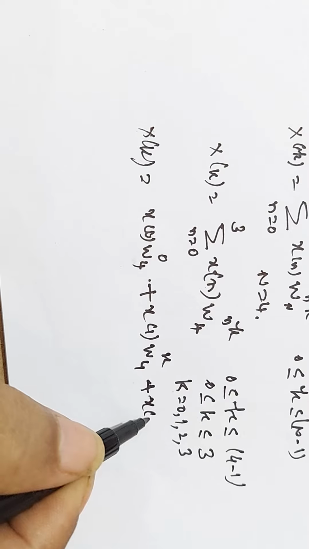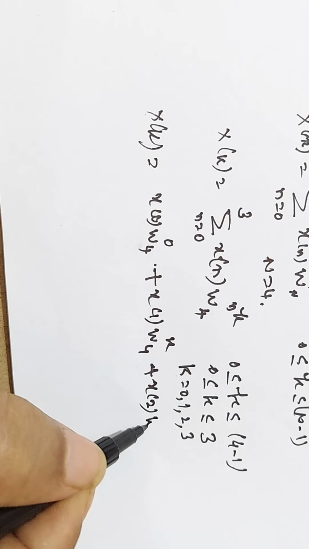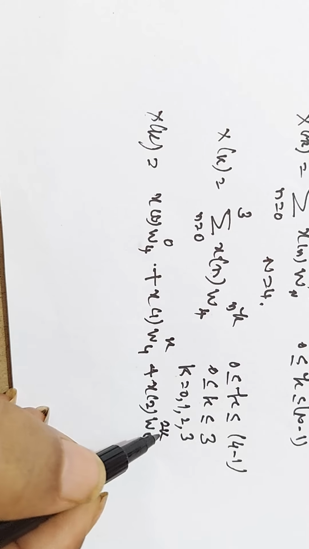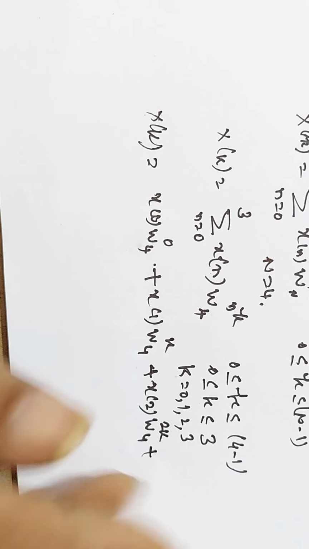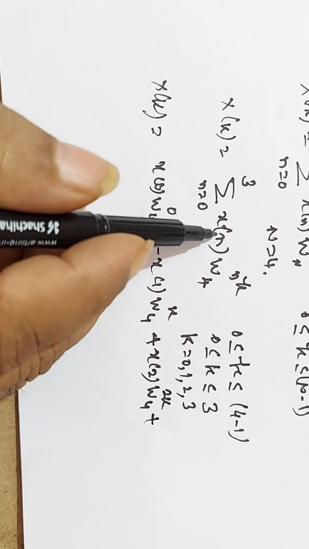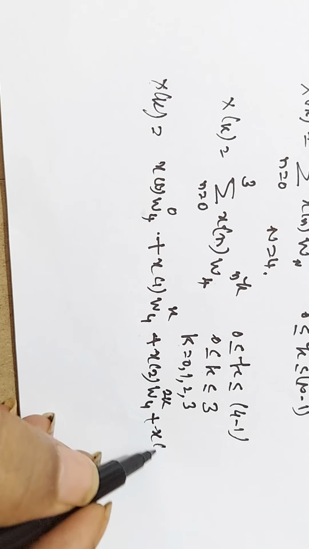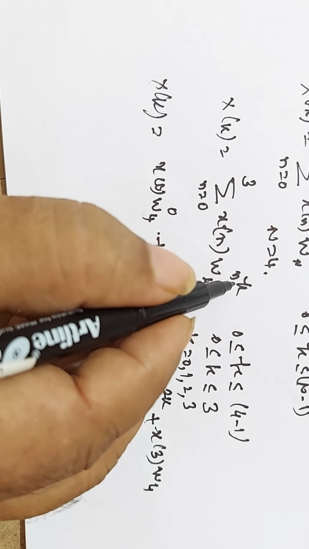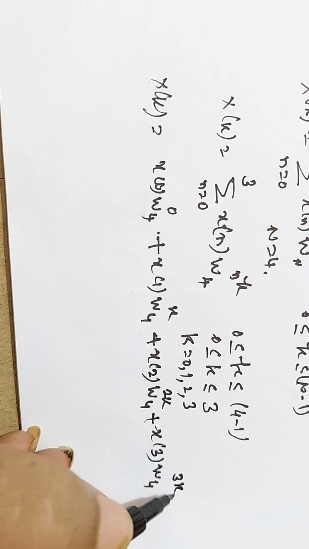This gives you x of 2, W4, n equals 2, 2 into k, 2k. Plus, n equals 3. When n equals 3, this becomes x of 3, W4, n equals 3, 3 into k, it is 3k.